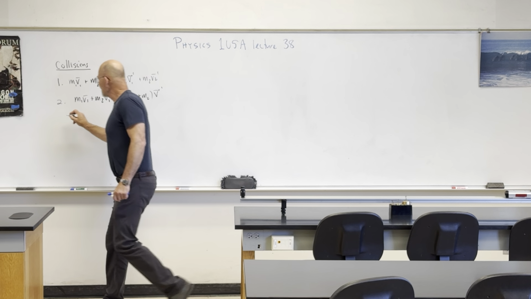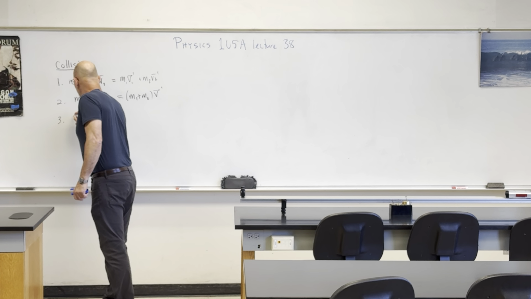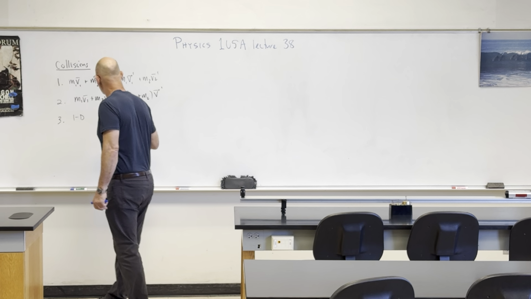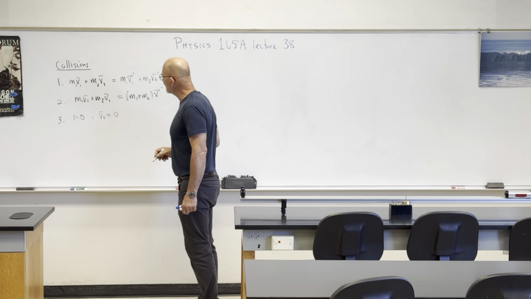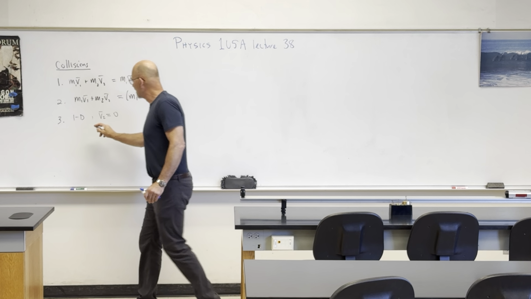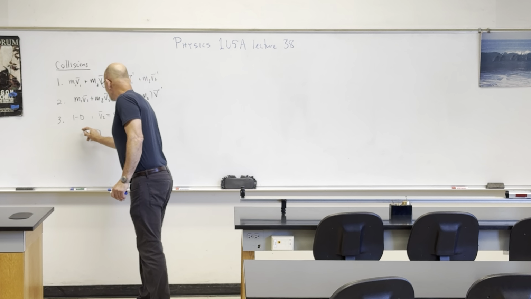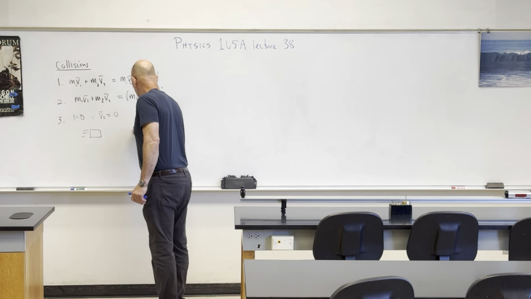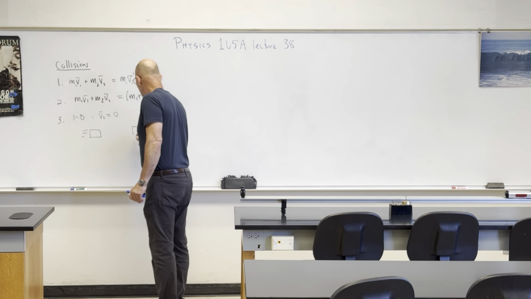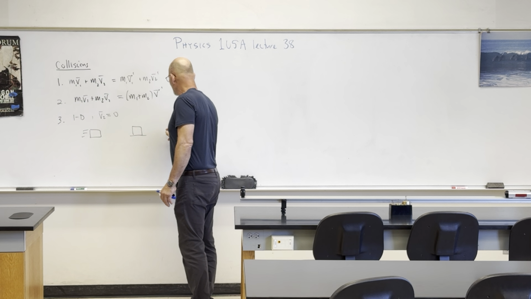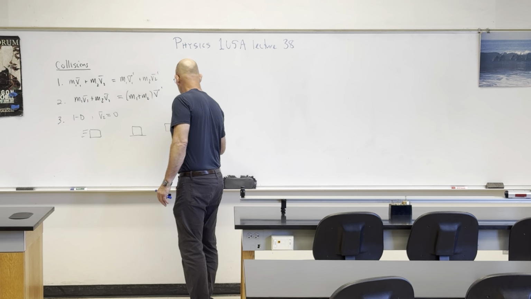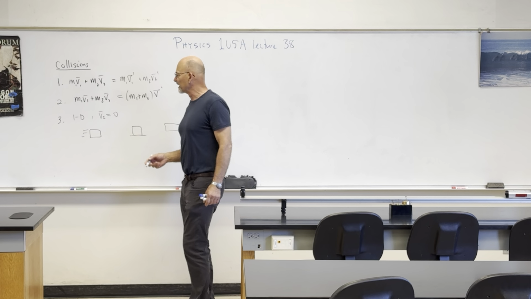And then we investigate the one-dimensional case where the initial V2 is 0. So this is just sending one object to collide with a second one that's at rest, right? And then they move on together. In the third frame here, they're stuck together and they're moving with their common speed.